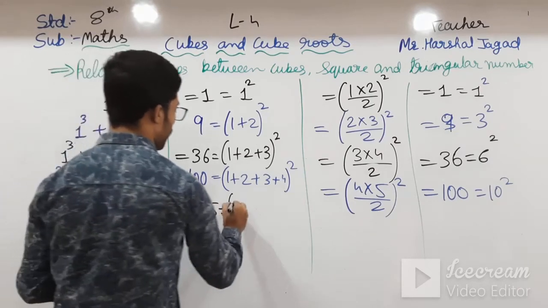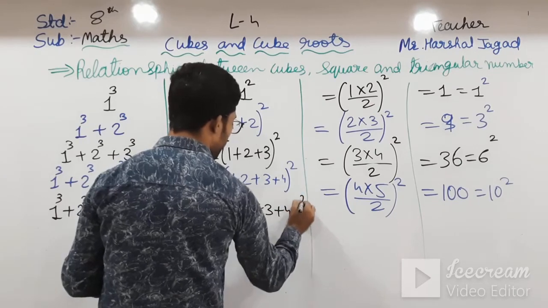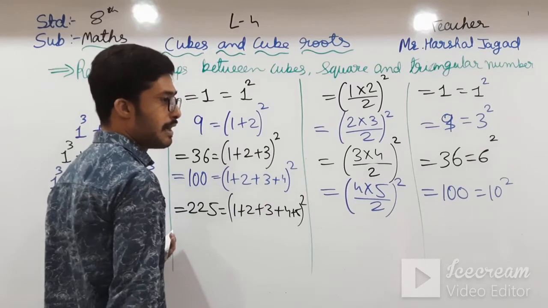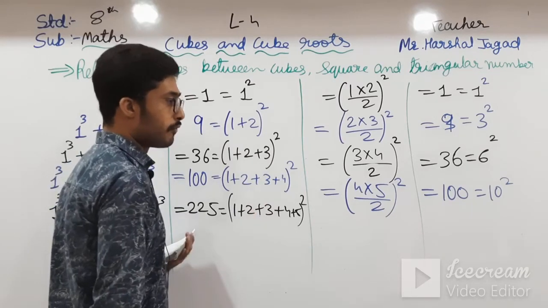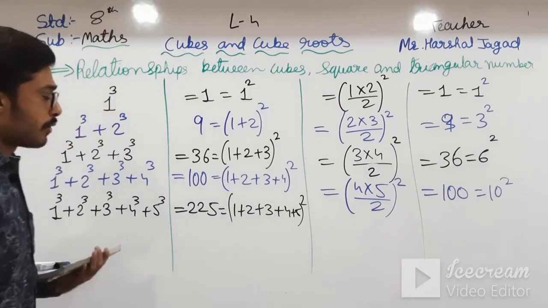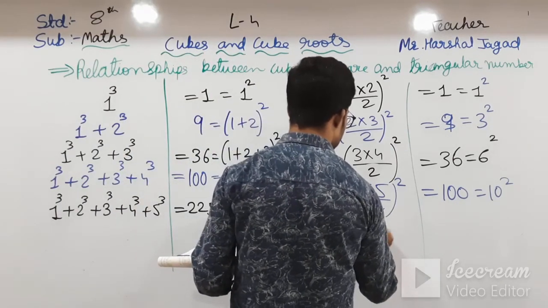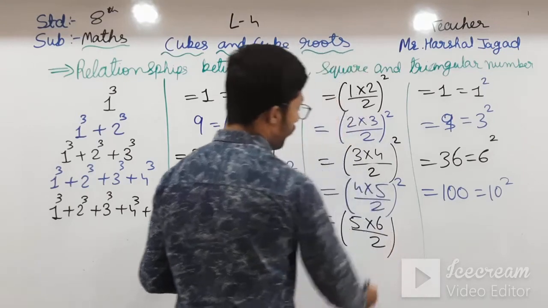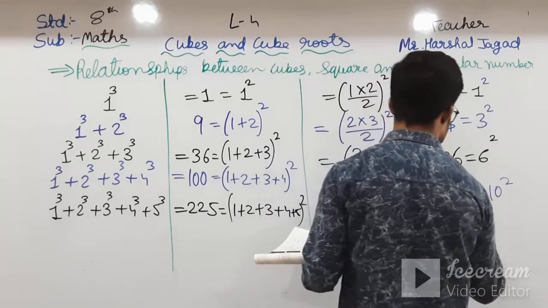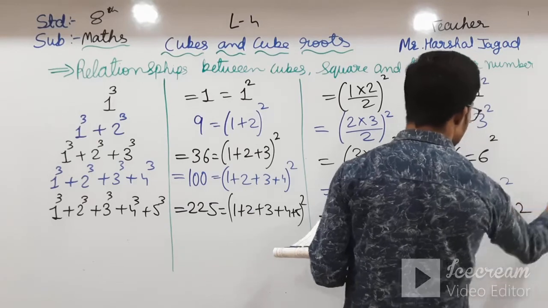And if we total 1 plus 2 plus 3 plus 4 plus 5, the whole square: 4 plus 5 is 9, 9 plus 3 is 12, 12 plus 2 is 14, 14 plus 1 is 15. If we take the square of 15 we get 225. So here, 5 into 6 divided by 2, 5 6s are 30 divided by 2, that is 15. The whole square, that is 225, is equal to 15 square.